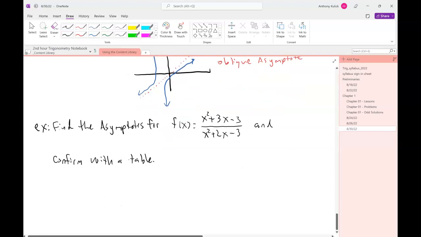Okay. Sure. So here we're asked to find the asymptotes for this function f of x, and then confirm that they're asymptotes with the table. So to find the asymptotes, I would start by looking at the graph.